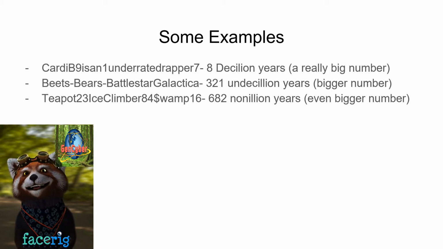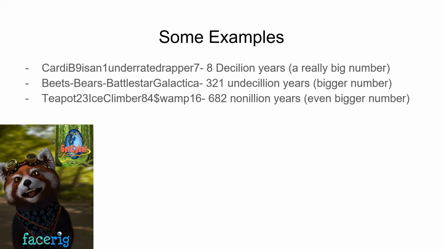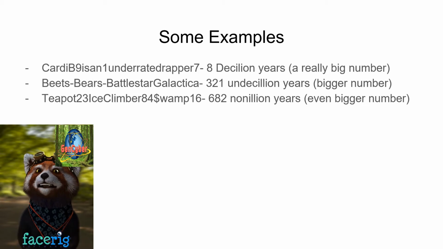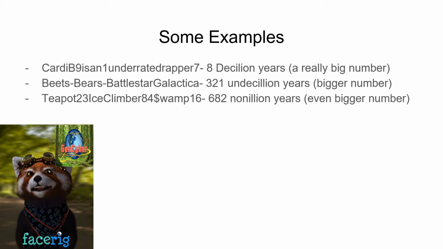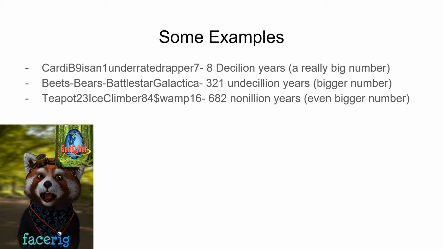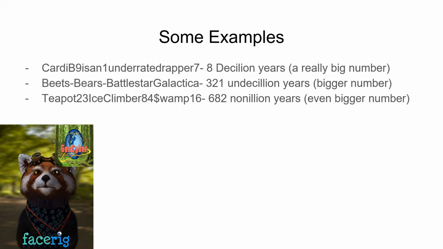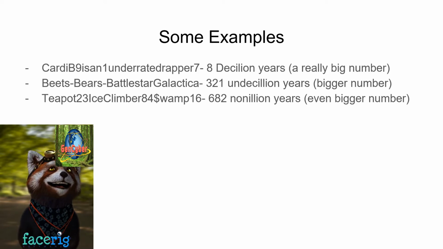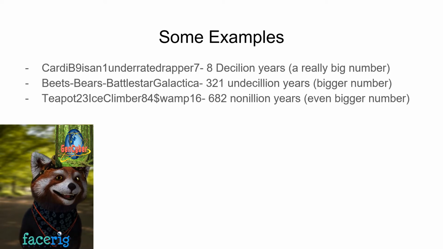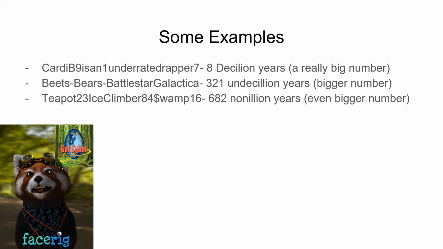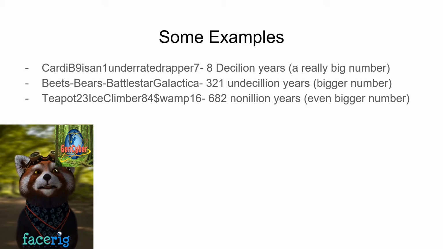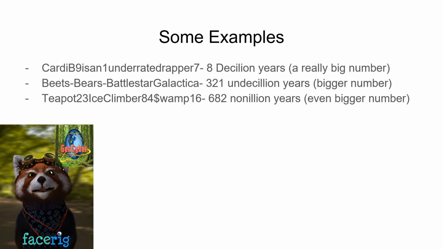Taylor Swift 0706 is a 0706 great singer 0706. That would take 8 decillion years to figure out. So there's no worries. You can use quotes from shows that are easy to remember, or just a random collection of words.